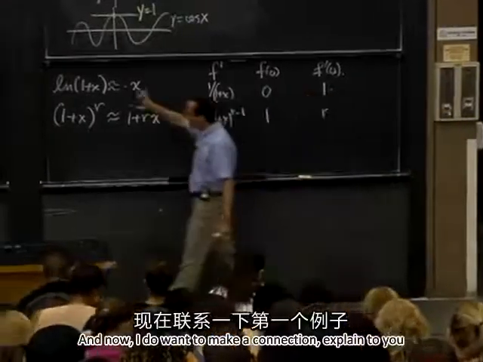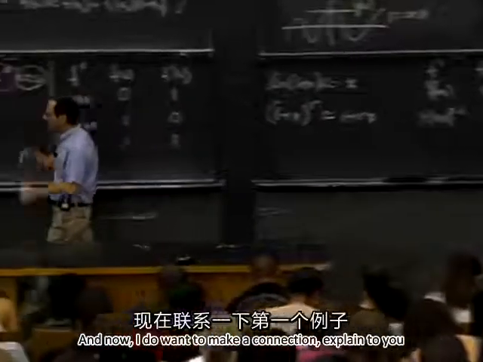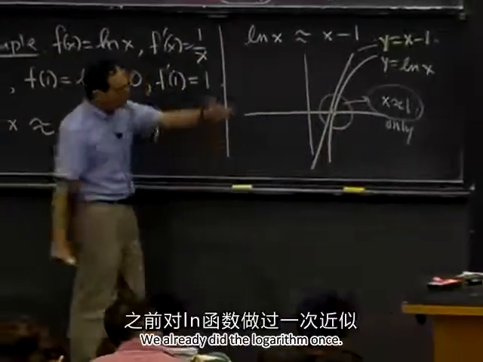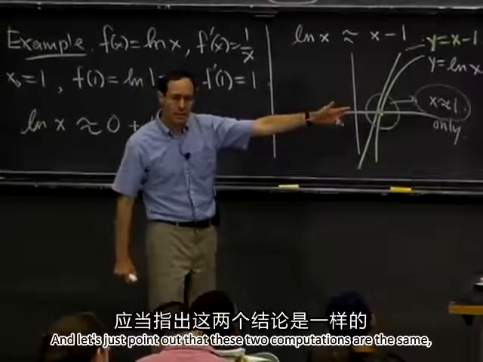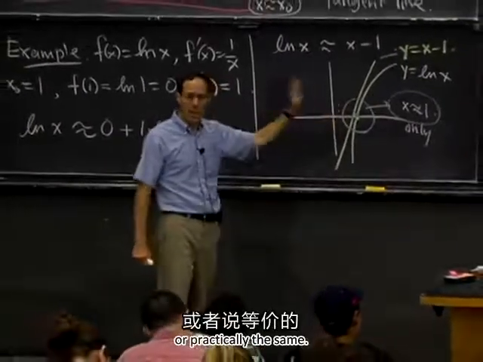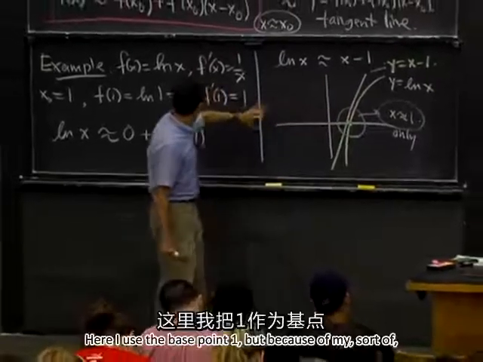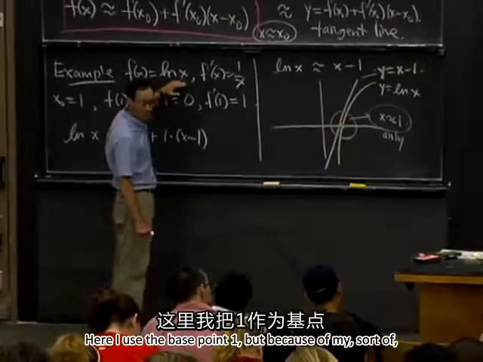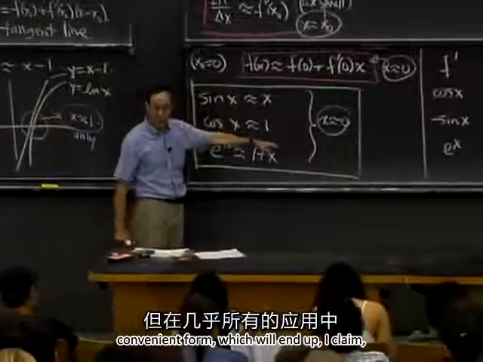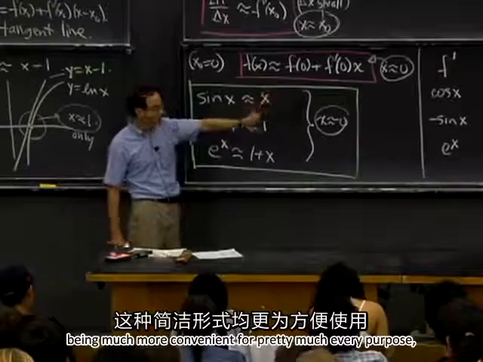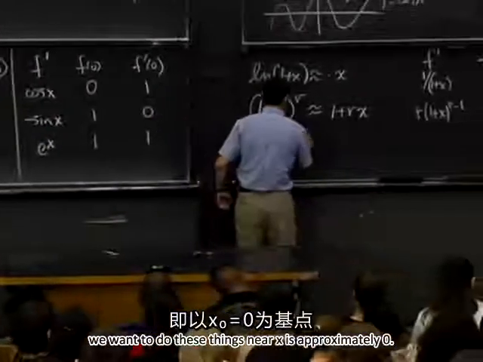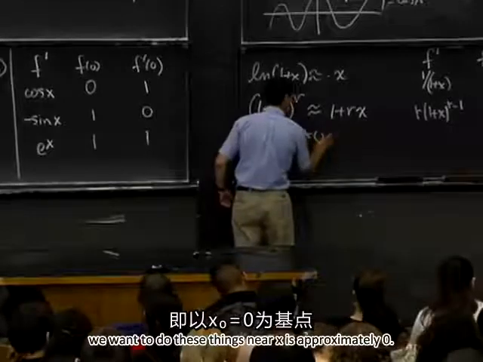And now I do want to make a connection and explain what's going on here and the connection with the first example. We already did the logarithm once. Let's just point out that these two computations are the same, or practically the same. Here I use the base point 1. But because of my convenient form, which will end up being much more convenient for pretty much every purpose, we want to do these things near x approximately 0.